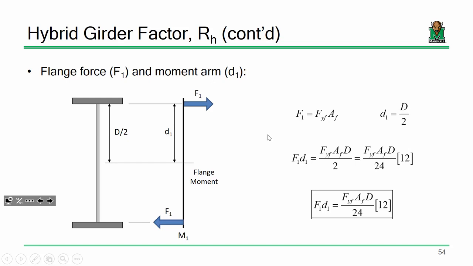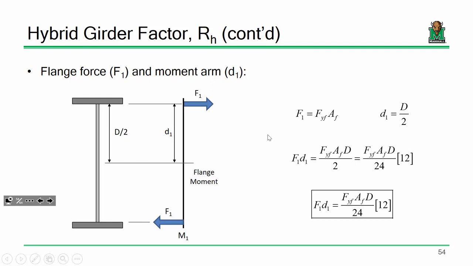Well, from the centroid to here, I propose that's half the depth, just d over 2. Sound good? The force, what's the force? Well, at yielding, I propose it's the yield stress times the area, so F_y times the area. Sound good? So F_1 times that distance is going to be F_y A_f times d over 2.